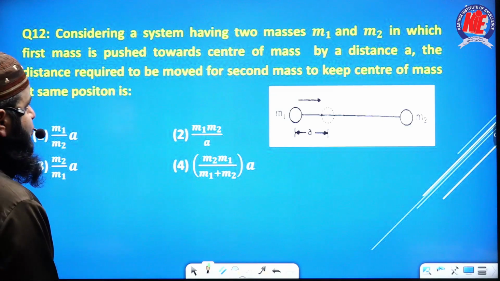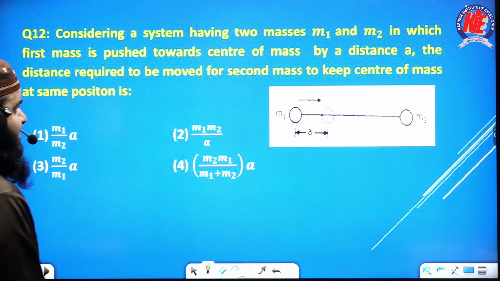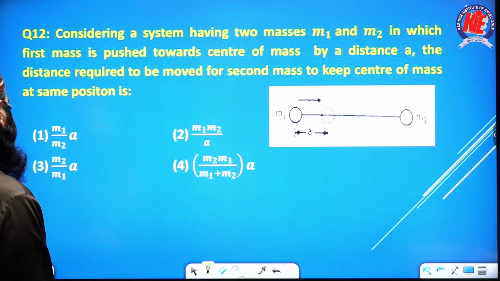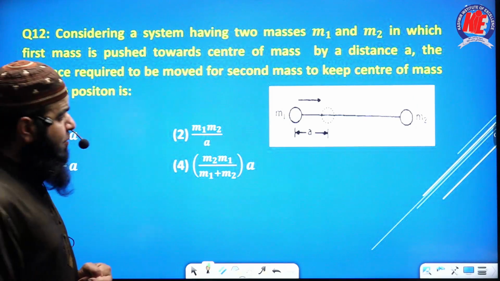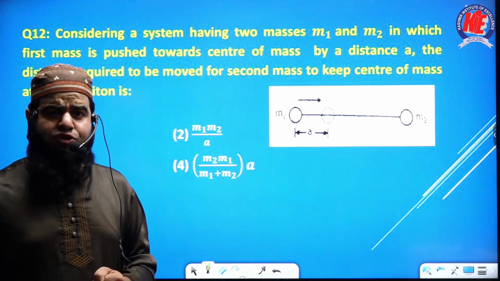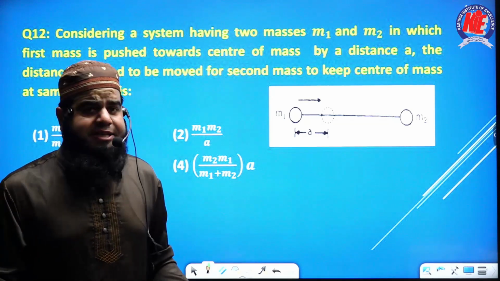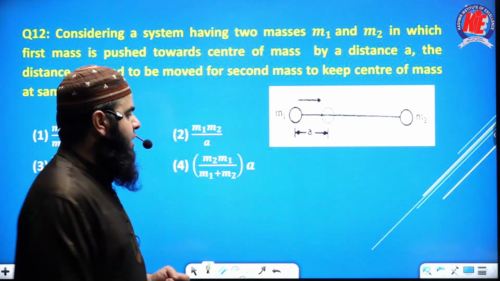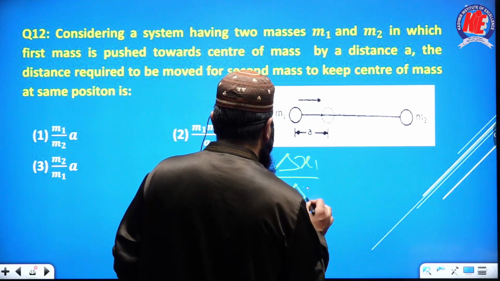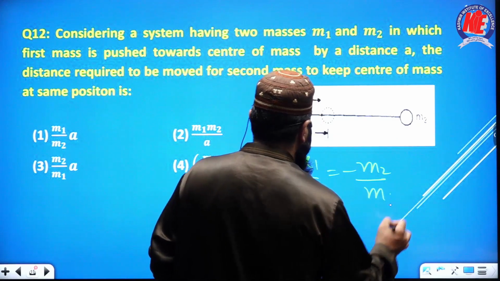Considering a system having two masses m1 and m2 in which the first mass is pushed towards the center of mass by distance a, the distance required to be moved by the second mass to keep the center of mass at the same position. You must have faced a problem pattern where you displace two particles in such a manner that the center of mass stays at its own position. The equation in that case is delta x1 divided by delta x2 is equal to minus m2 divided by m1.